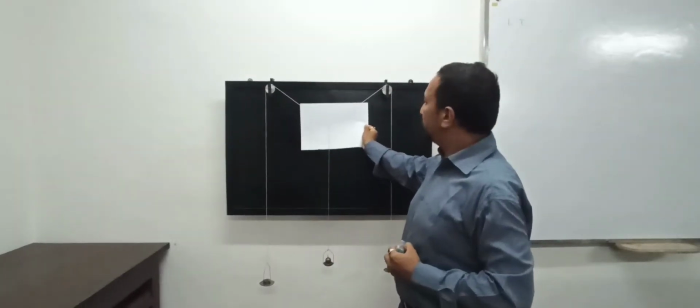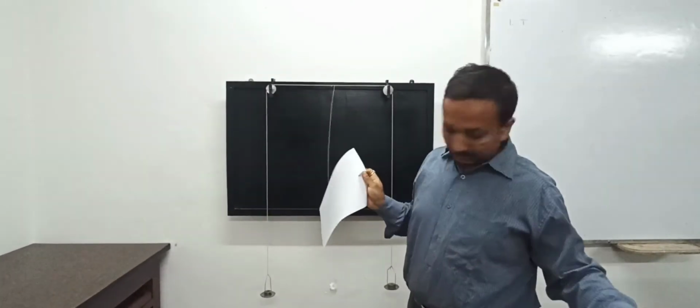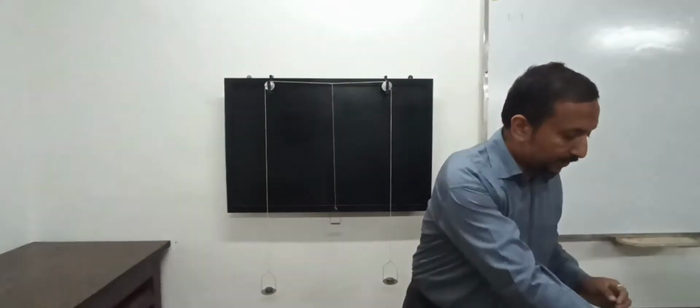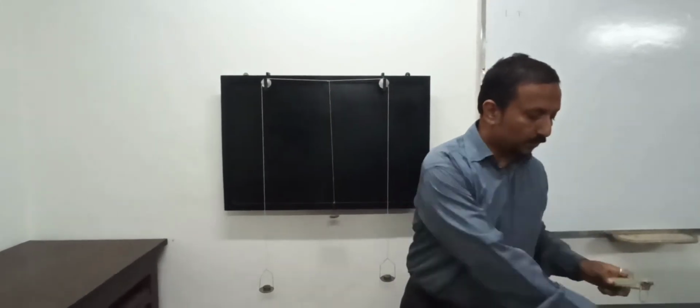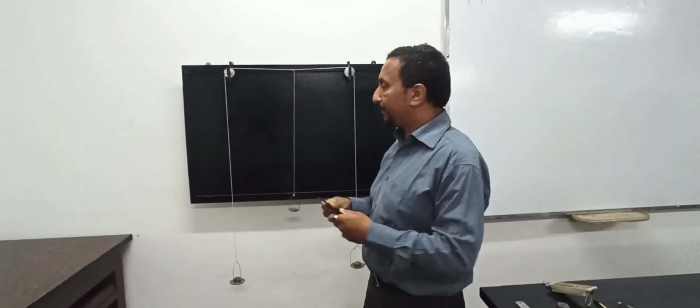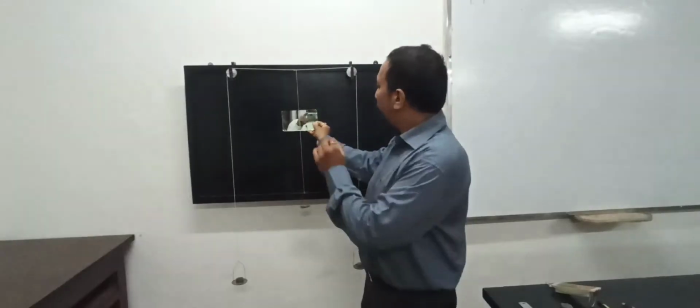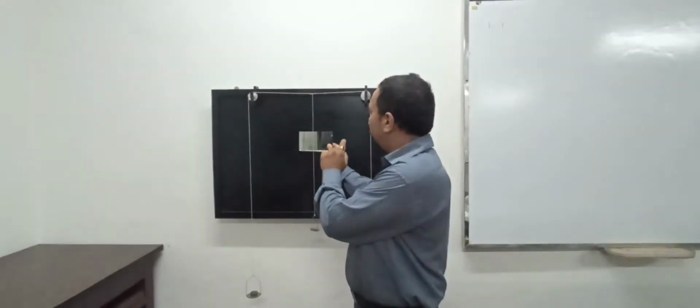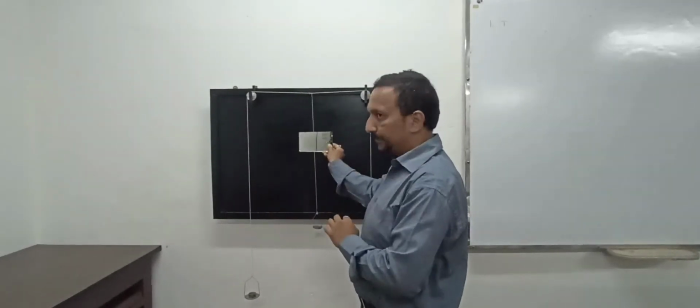Along with the paper and the pins, we need a glass slab, a mirror, which will be required to point out the different positions.